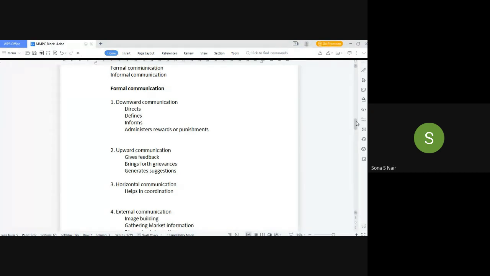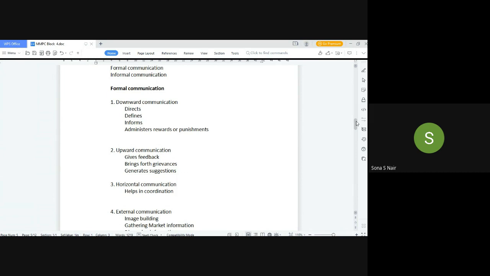We also need upward communication, because only then people become actively involved in the organization, right? Horizontal communication is communication which happens between people of the same level, and it is required because we also need to have some coordination and cooperation, and all the departments or all the organizational activities are actually interlinked and help each other out, so it helps in coordination.